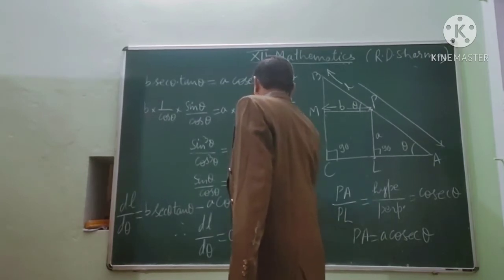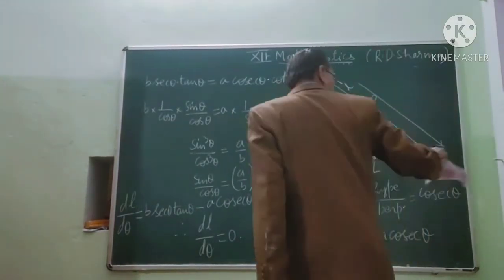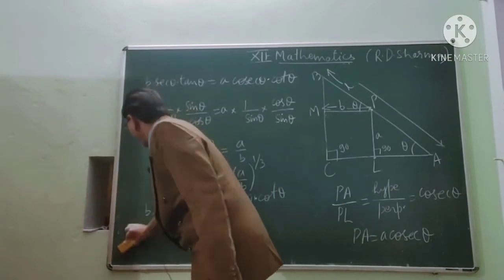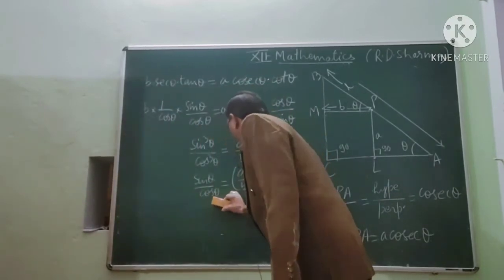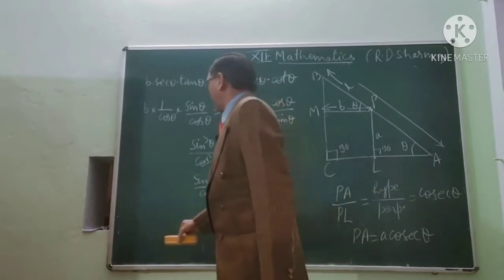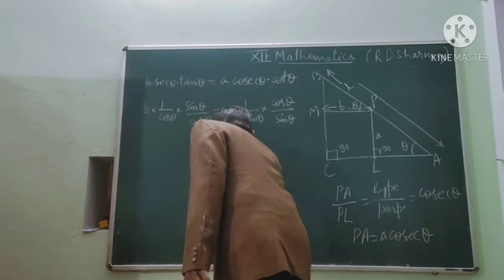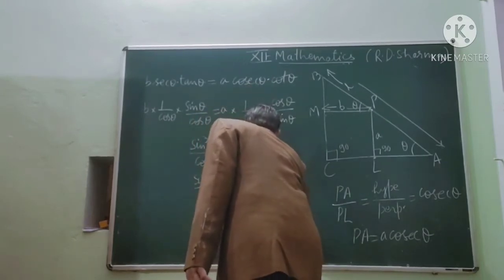From this we will get tan theta equal to (a upon b) power 1 upon 3.